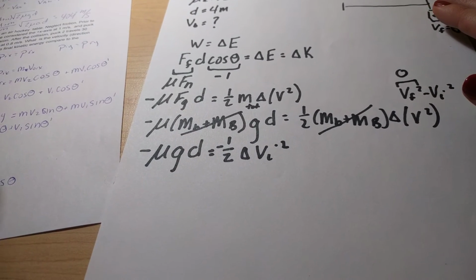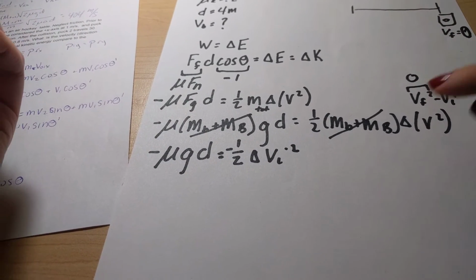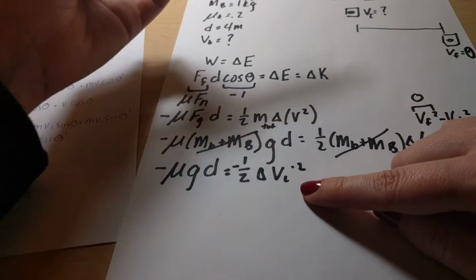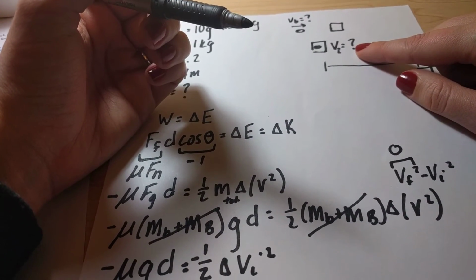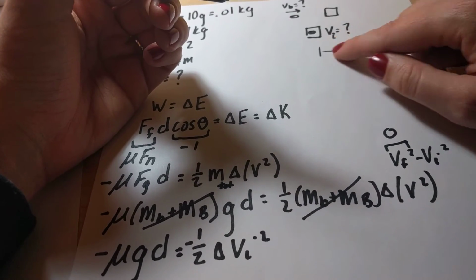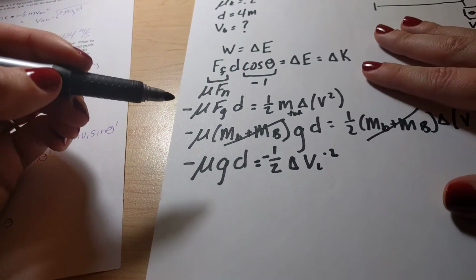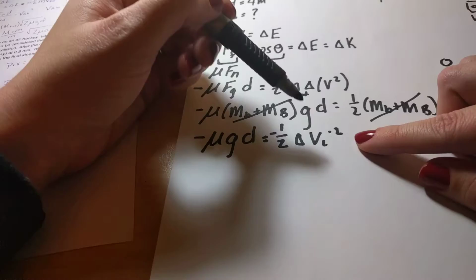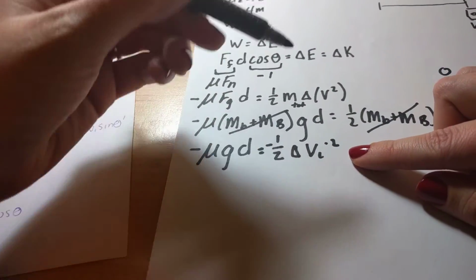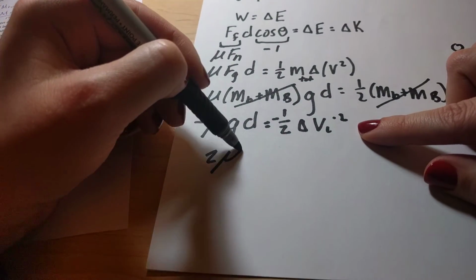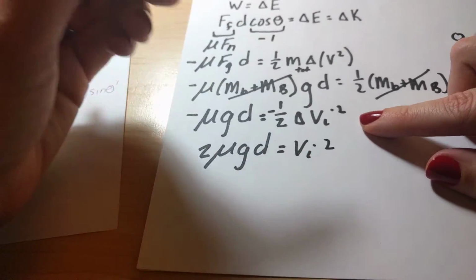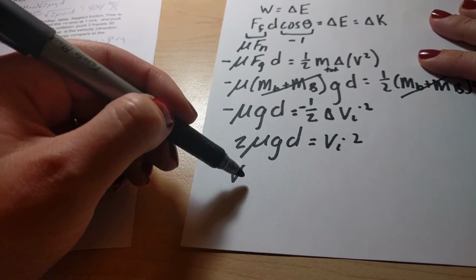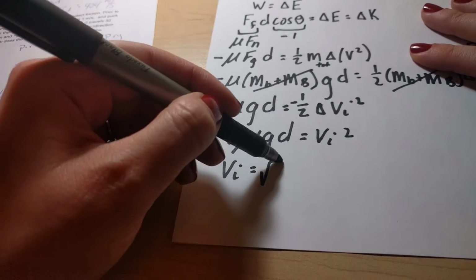So our negative signs cancel. Now remember, we're solving for the speed at which it starts moving those 4 meters. So if we solve for this, we get 2 mu g d equals our initial velocity squared. So our initial velocity here is the square root of this quantity.